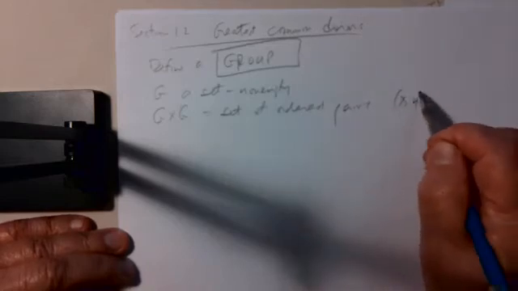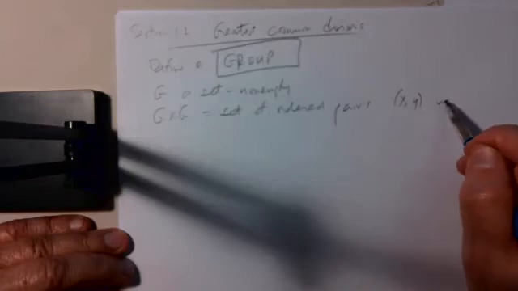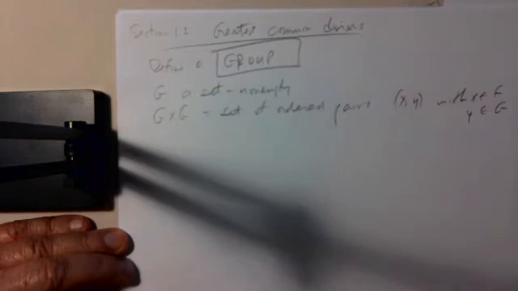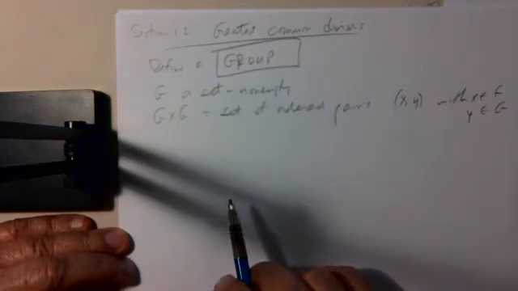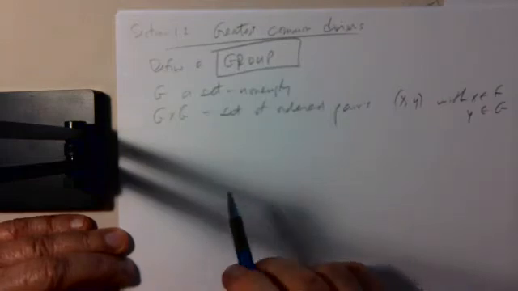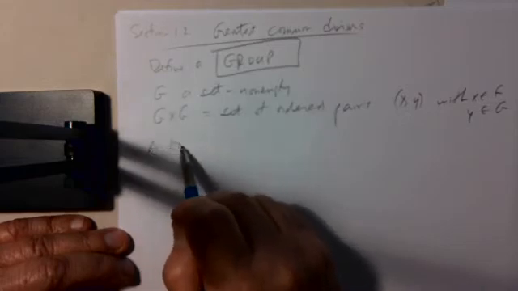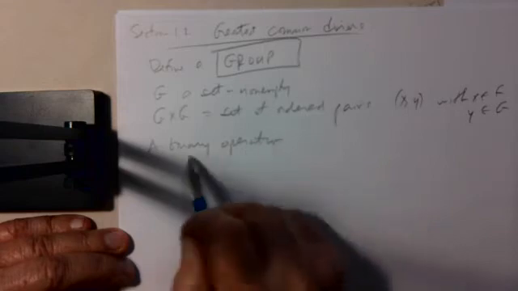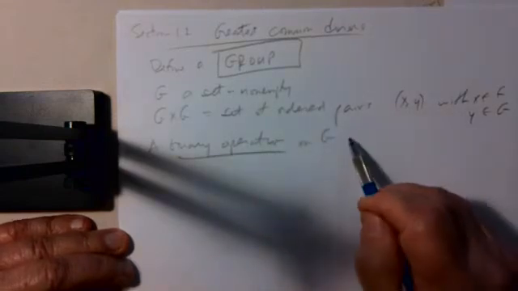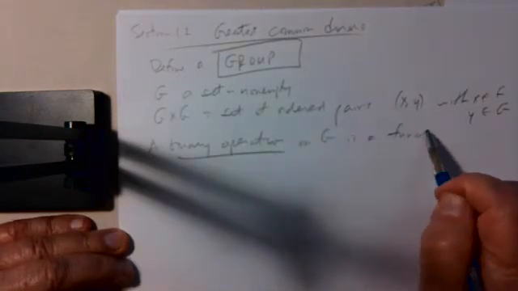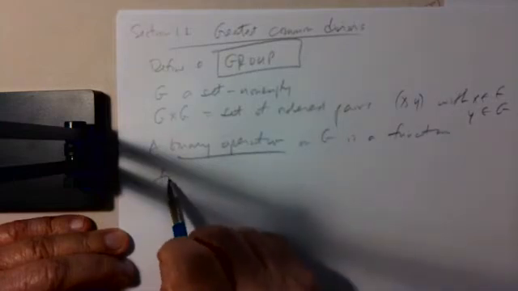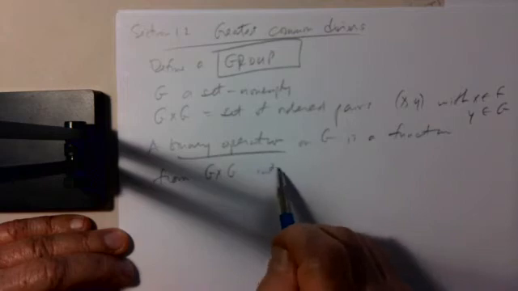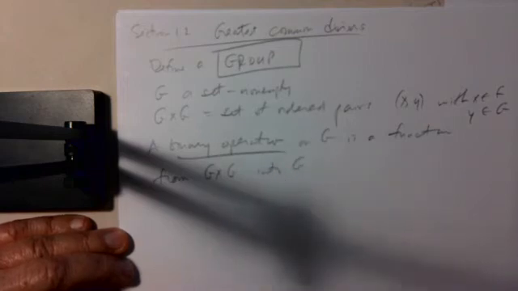An ordered pair is something that looks like (x, y), with x in G and y in G. And a binary operation on G is a function from G cross G into G.